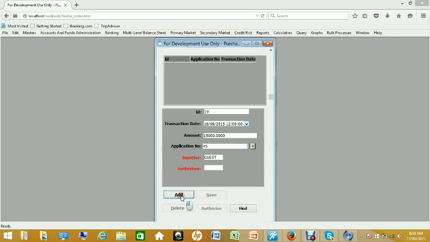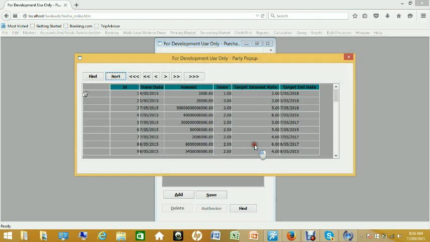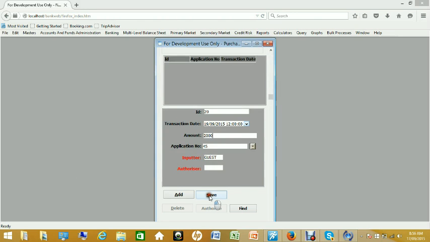Let's enter for 19th of September. Amount, let's enter as 2000. Let's enter application number. Let's save a transaction.